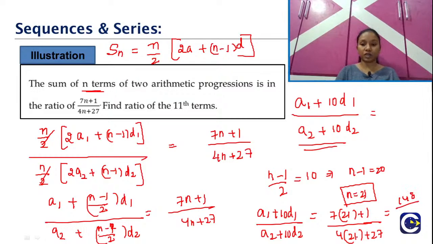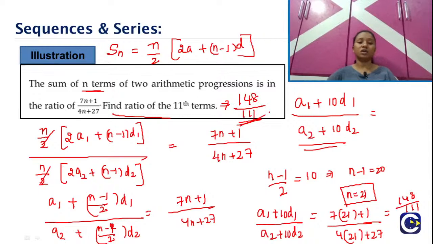Then 4 into 21 is 84, and 84 plus 27 will be 111. So the required answer, the ratio of the 11th terms of these two different arithmetic progressions, is 148 divided by 111.